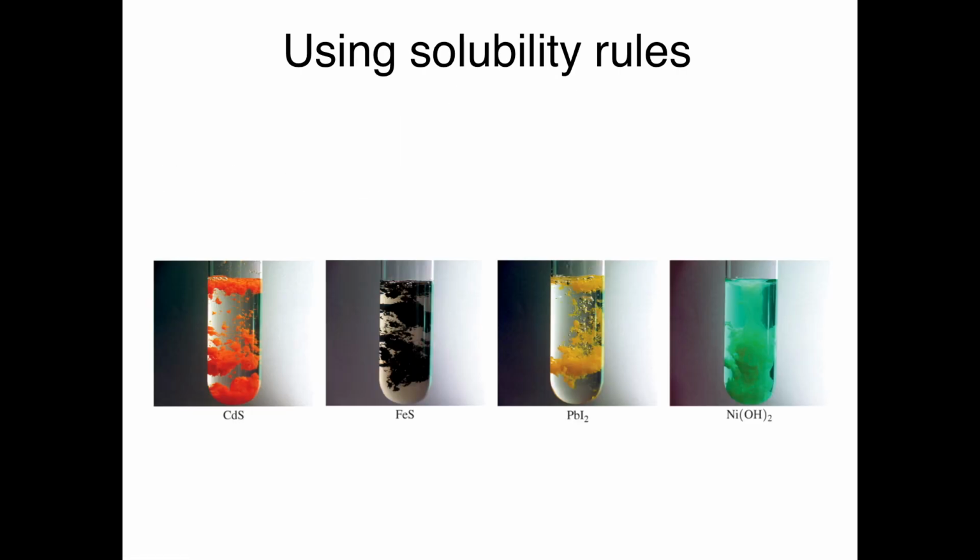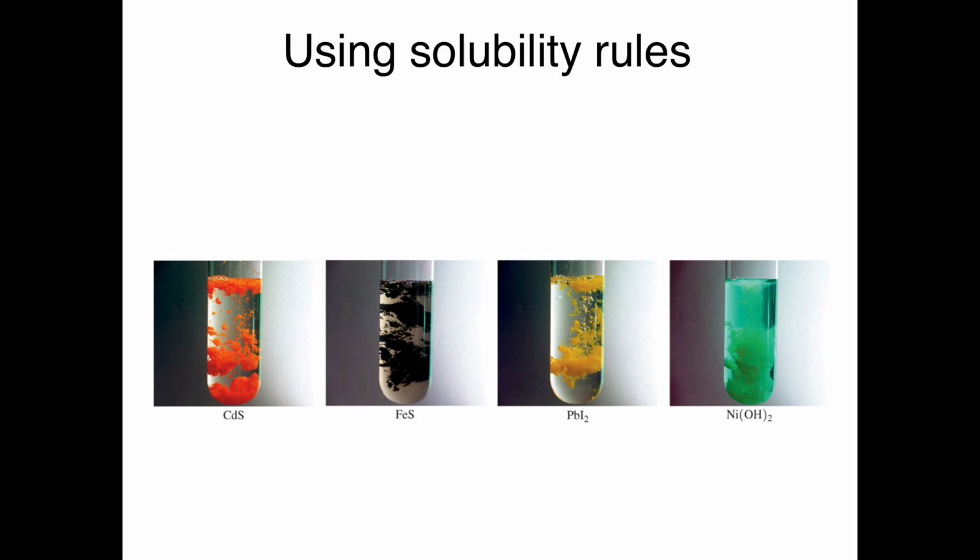So let's take a look at this. Using solubility rules, how can you explain these things crashing out? Remember, if something is insoluble, it means it will be a solid in that liquid water. So, for example, cadmium and sulfur.